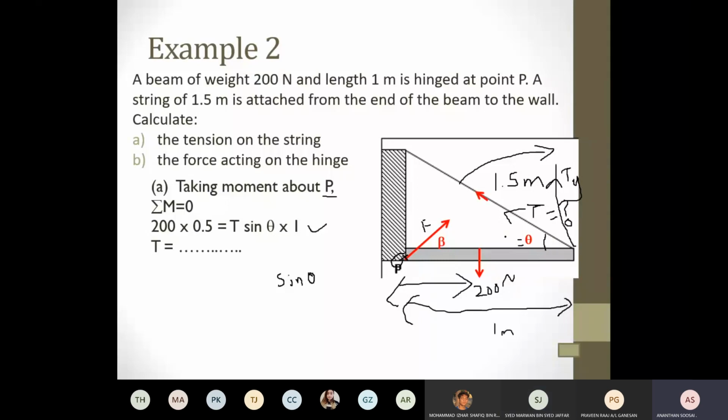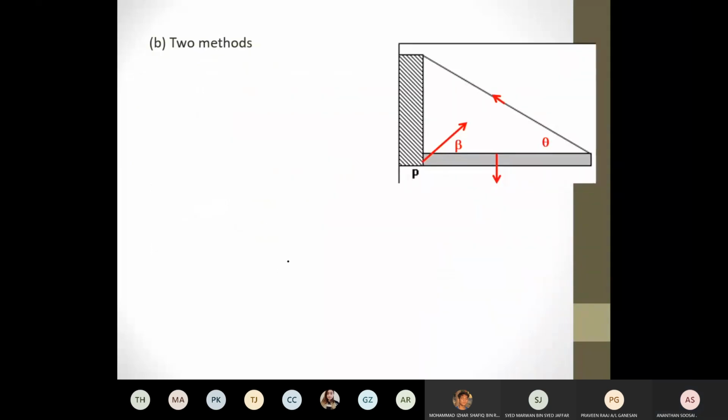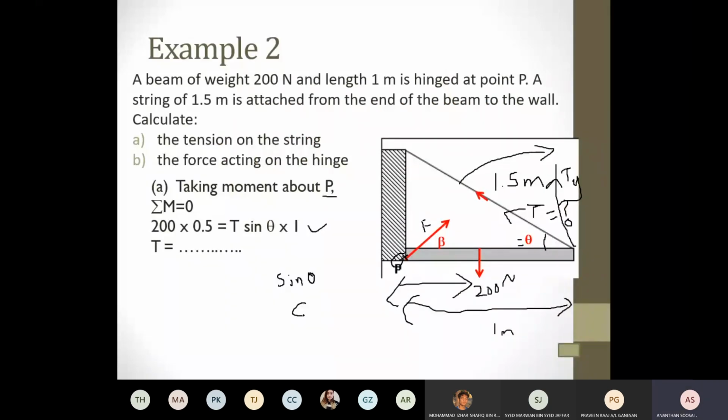We know this is 1 meter and this is 1.5 meter, so there is a triangle, and cos theta is 1 divided by 1.5.